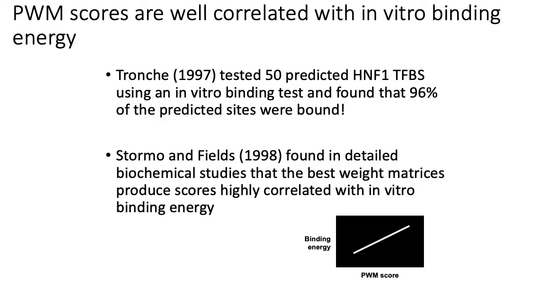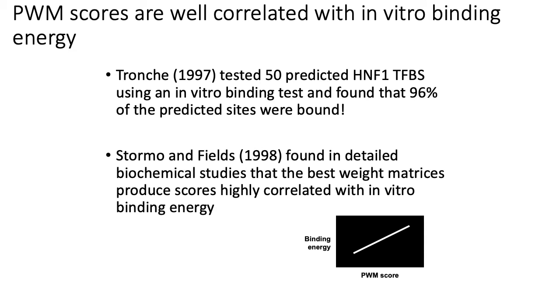And so one obvious question is, how good are PWMs for actually finding real binding sites of transcription factors? And so the answer is, it depends on what the context of this binding is. And so if you're just talking about in vitro binding of a transcription factor to, say, naked DNA, the PWM scores actually pretty well correlate with in vitro binding.